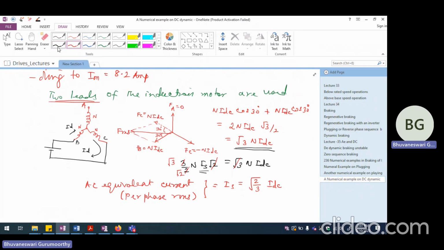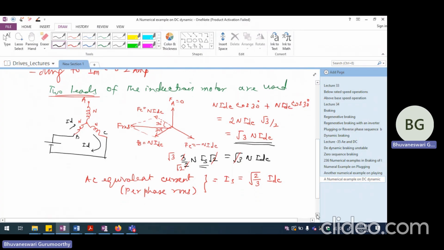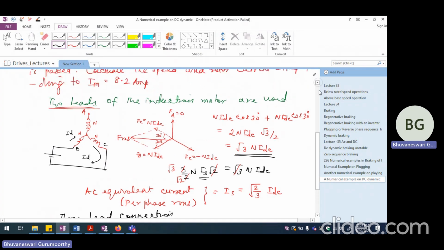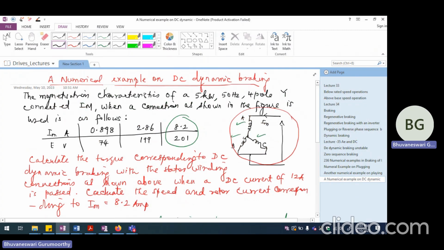The same way, let us try to look at the three-lead connection, what is shown already in the figure. Let me show the figure once again. So this is the three-lead connection that we are going to use.